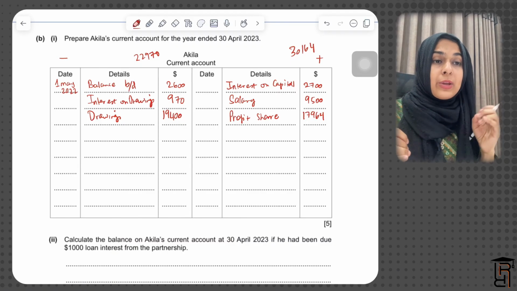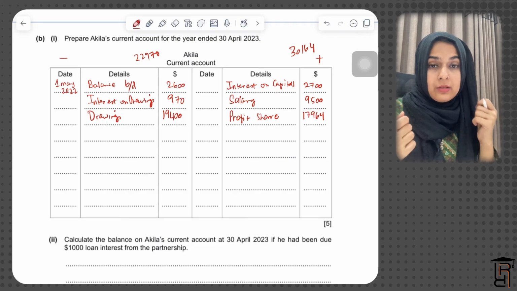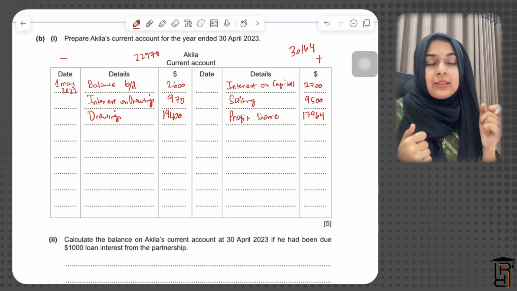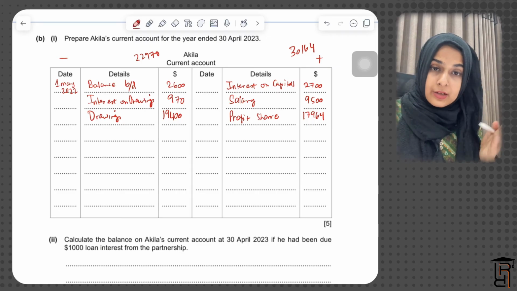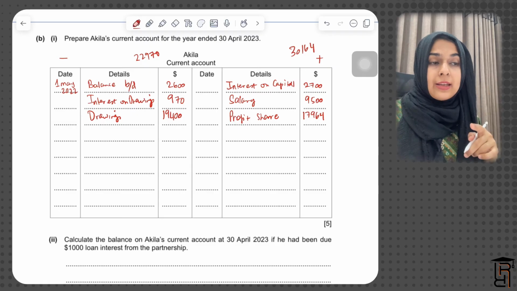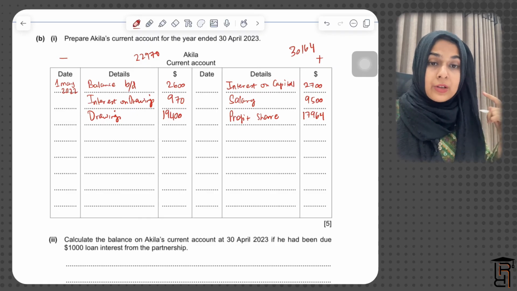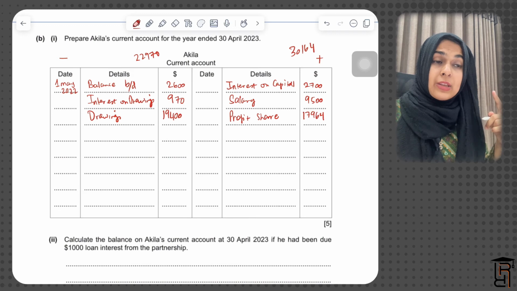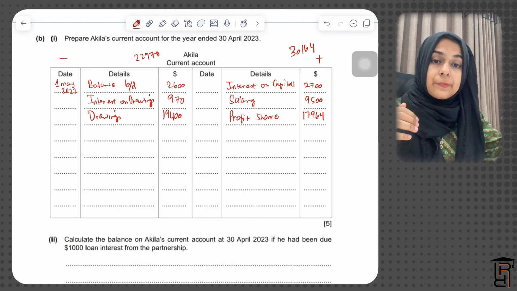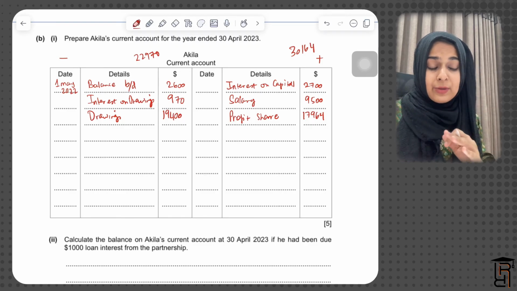If the partnership does not pay the interest to the partner and the interest is due, it's like owing interest. Although the expense has been incurred, the partnership hasn't paid the partner. In that case, the partner's current account must be credited, so that the interest is put into the partner's current account, and basically capital is increasing by the interest amount when it's due and they haven't paid it.